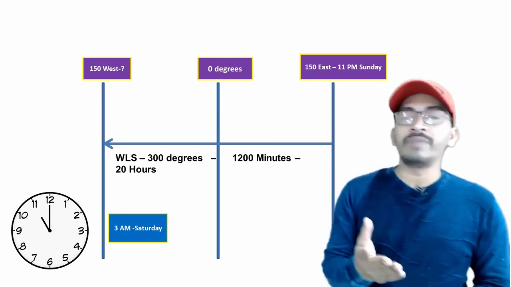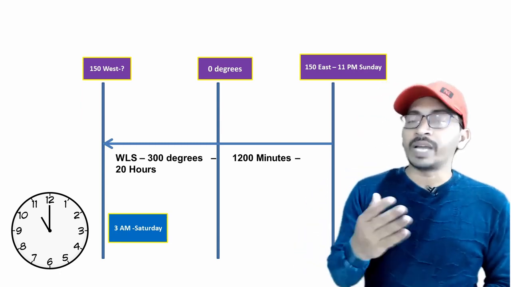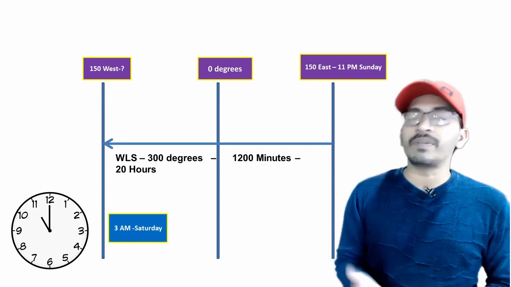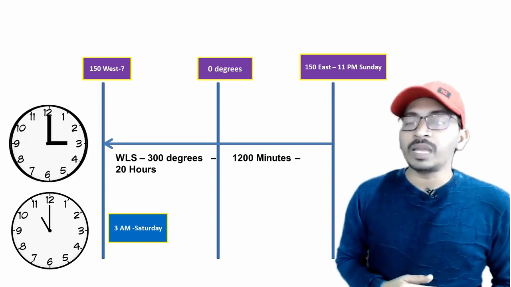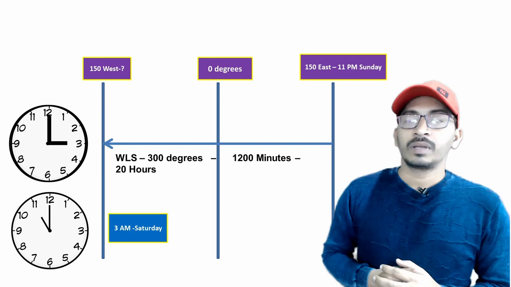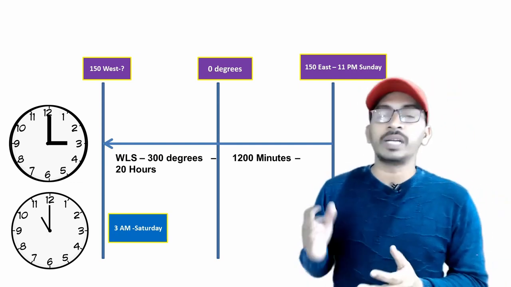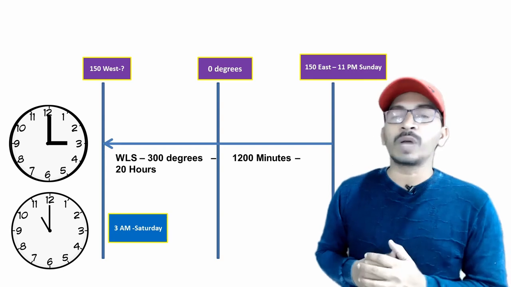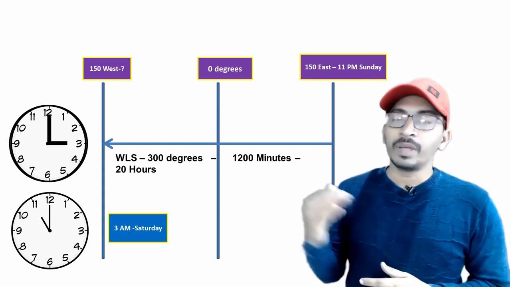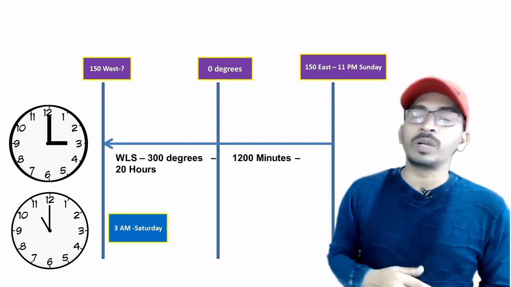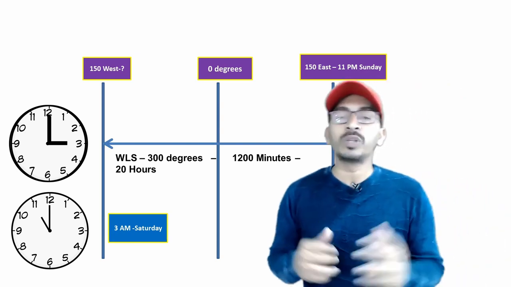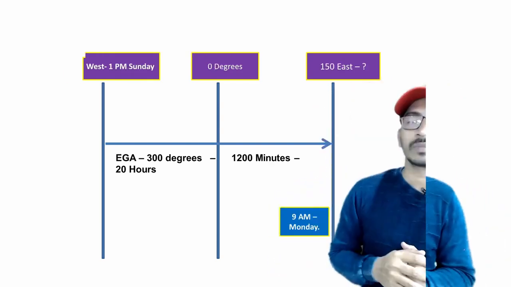When 20 hours are subtracted from 11 p.m., it will be 3 a.m. Saturday. Even if you follow the concept of the international date line, or even if you calculate by coming towards the prime meridian and going to the western longitude, both will give you the same answer.